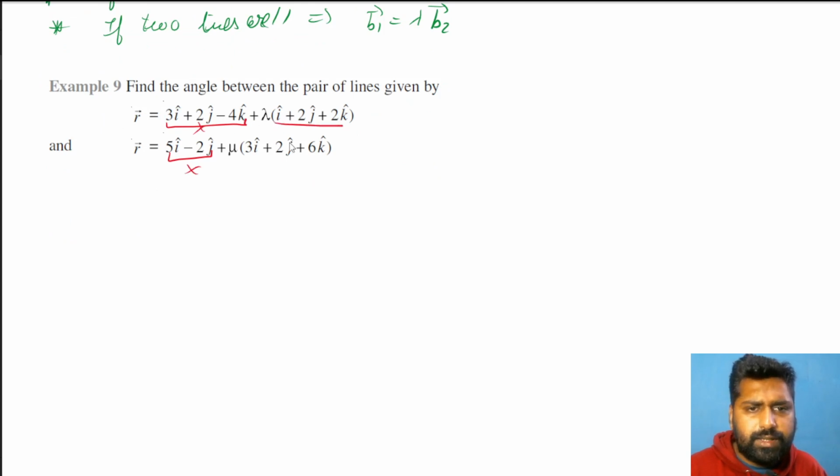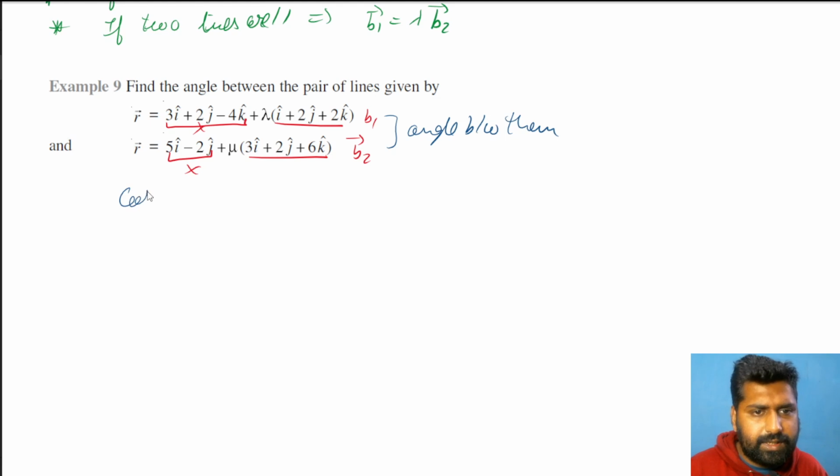We have to focus only on the direction vectors B1 and B2. The angle between lines is the angle between these vectors. So cos theta is equal to B1 dot B2 upon magnitude of B1 times magnitude of B2.